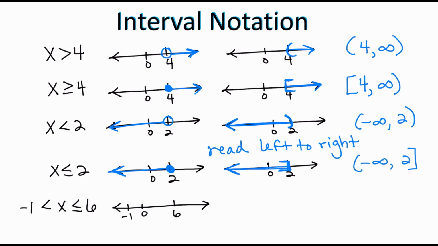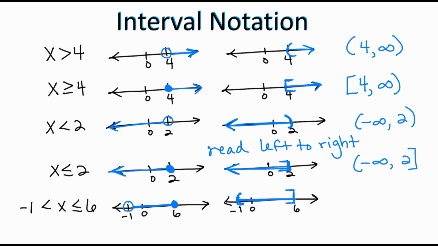And back in the days, you would do open circle at negative 1, closed circle at 6, and I want all the numbers that are in between these two. Now, with our new notation, which is just how we write things, I'm going to still have 0, -1, and 6, but now I'm going to use a parentheses at -1, a bracket at 6 because it is or equal to 6, and I still want everything in between.